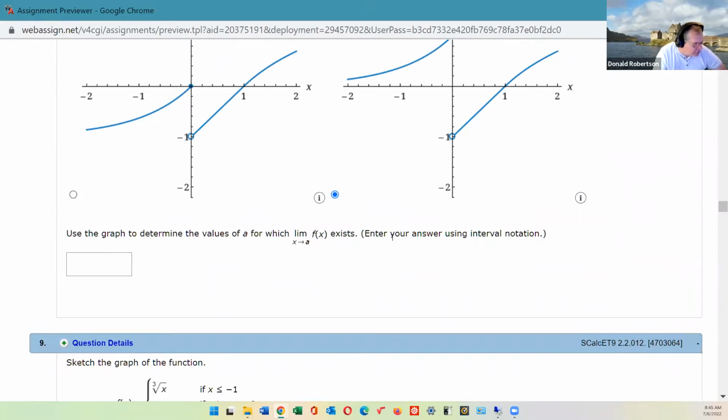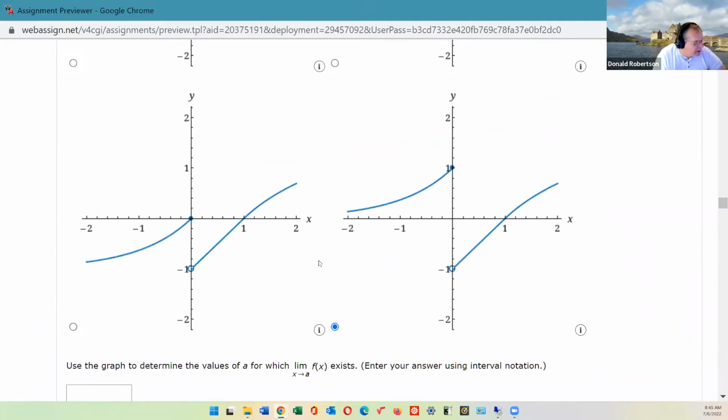And it's telling you that the answer is going to be in interval notation. So let's just assume that this was the graph. If I said to you, where does the overall limit exist? Wouldn't it be easier for me to say, where does it not exist? Because pretty much every single point on this curve, won't the overall limit exist?